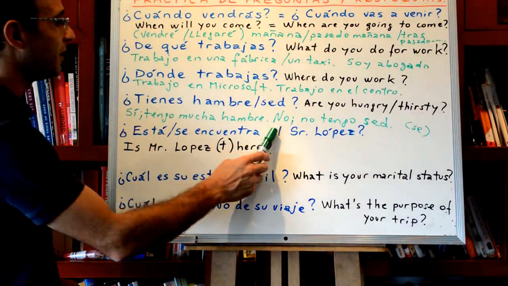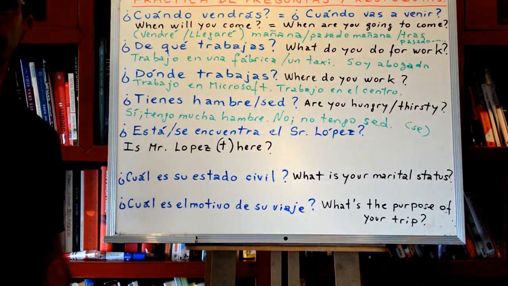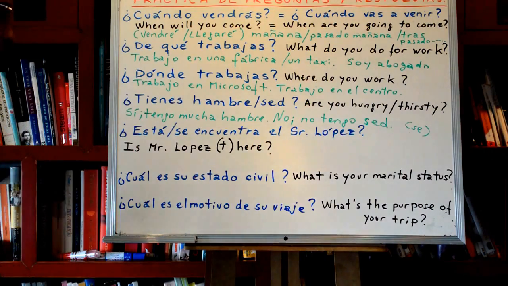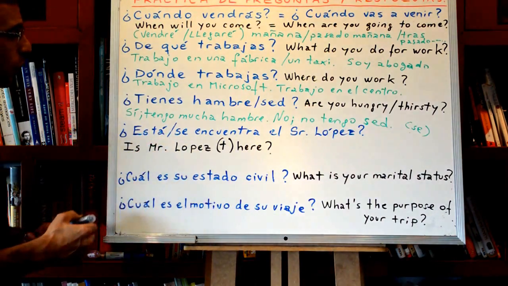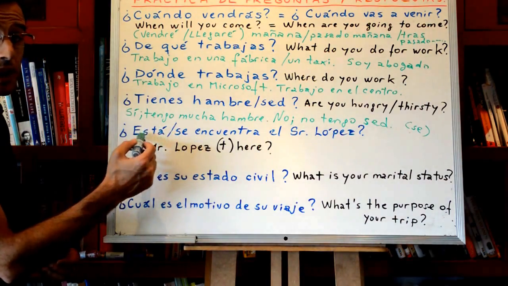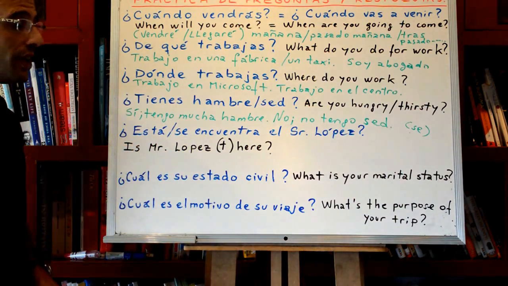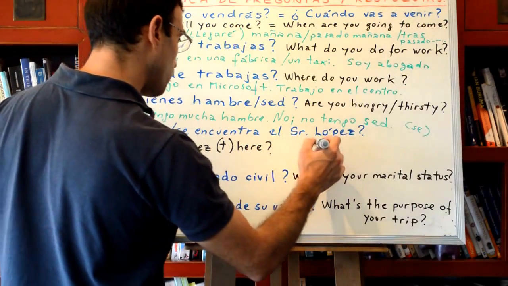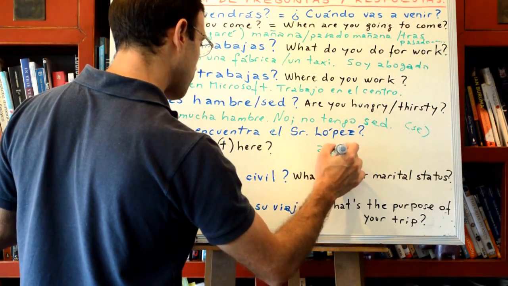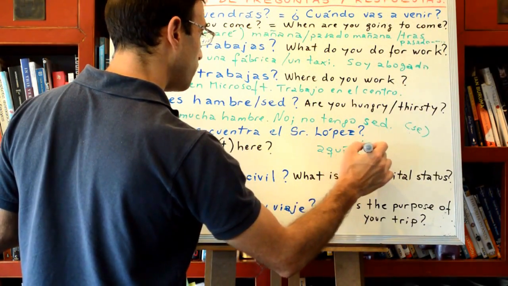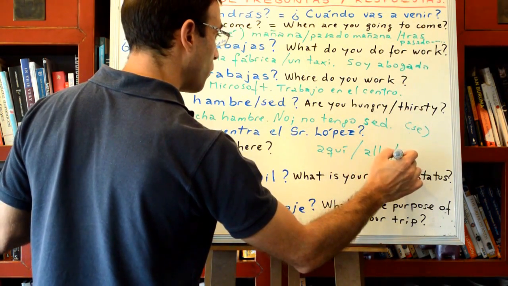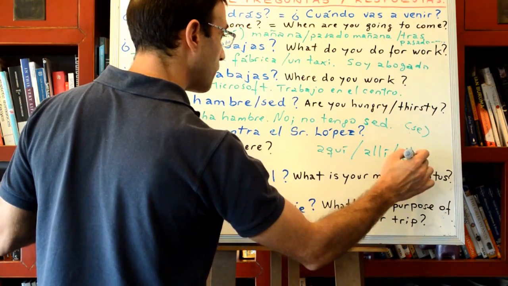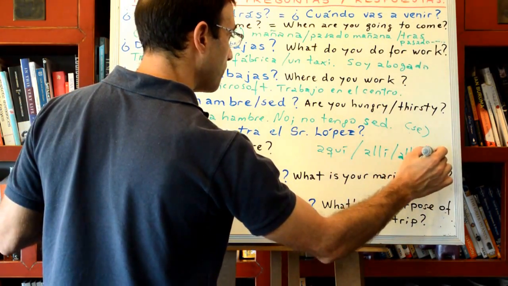¿Está el señor López? Is Mr. López here or there? Remember that in Spanish, I'm not including in the sentence the word here or there. Here would be aquí, and there would be allí, right? Allí or allá or ahí.